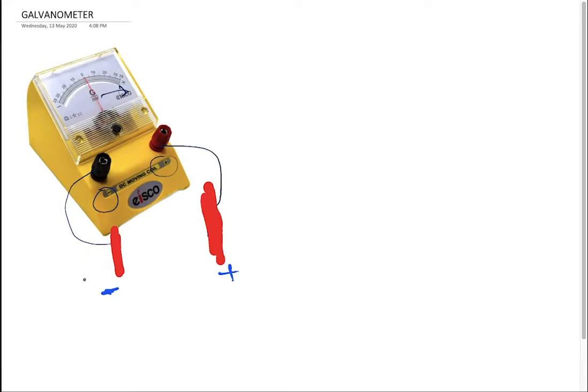Okay, so we will measure between 2 points A to B, and suppose the electrical conductance is from A to B, that is from negative to positive end, then the galvanometer will show positive deflection. So if you represent it in a graphical manner, you will see a positive deflection in the graph. This is why we see QRS as a positive deflection, because the current is moving in a horizontal direction to the two electrodes.